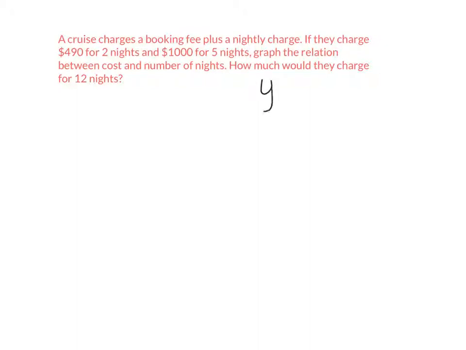So one variable here is the cost. That changes depending on how many nights you stay. So y is the cost of the cruise, and x is going to be the number of nights that we stay. So it isn't a huge deal if you switch these around, if you said x is cost and y is the number of nights.